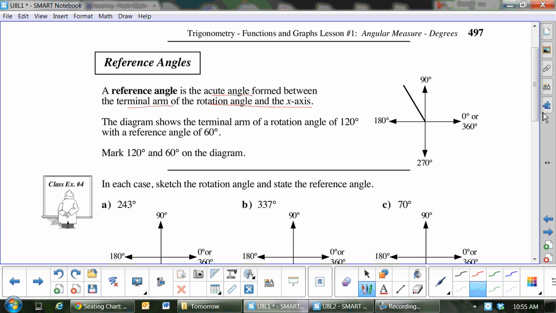Always. And it's got to be less than 90. Okay? So this is what we call the reference angle. This would be a reference angle of 60 degrees. So this is my reference angle. And the rotation angle would be 120 degrees.